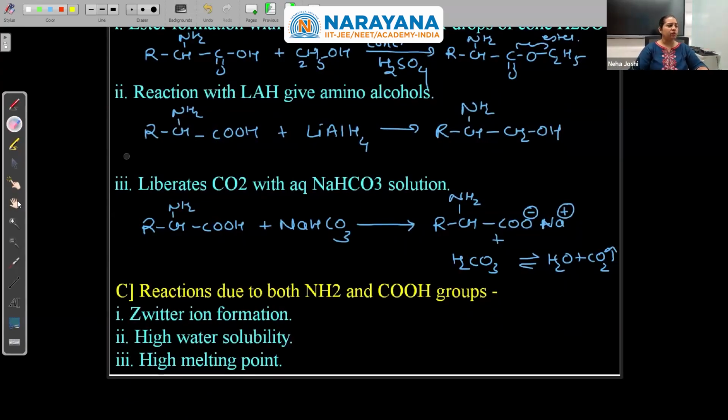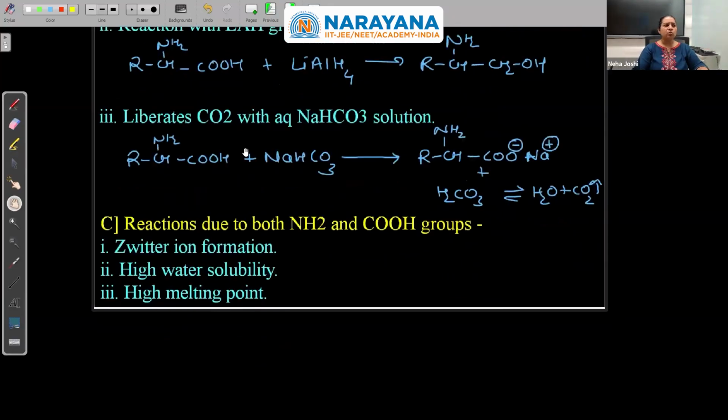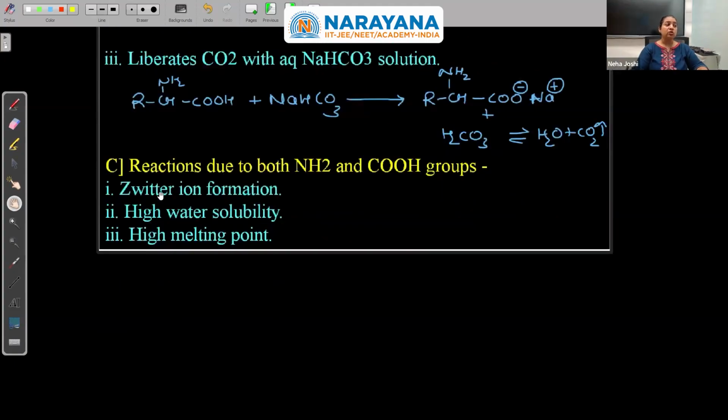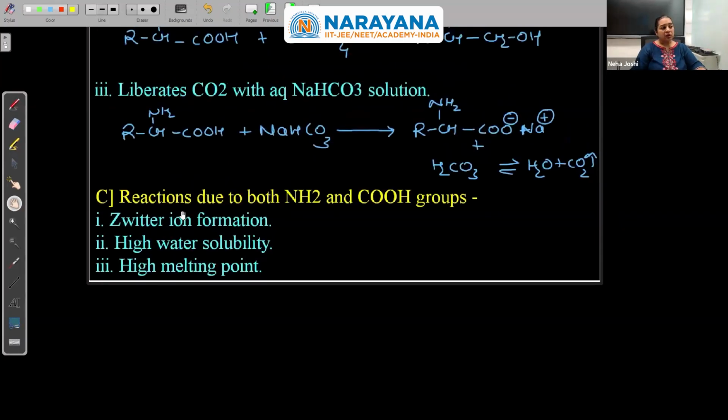That also we know. It liberates CO2 with NaHCO3. Nothing new. All carboxylic acid reactions. Reactions due to both NH2 and COOH: Zwitterion formation, high water solubility, and high melting point. These are the properties which are explained by Zwitterion formation, and Zwitterion is explained by the presence of both NH2 and COOH group.